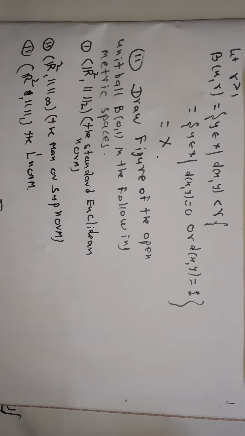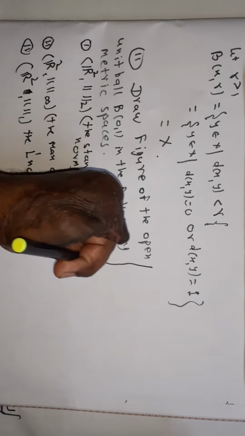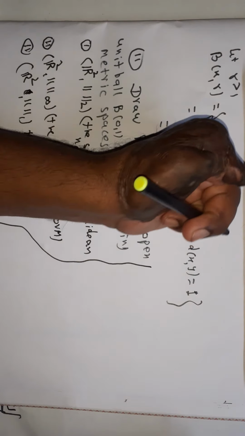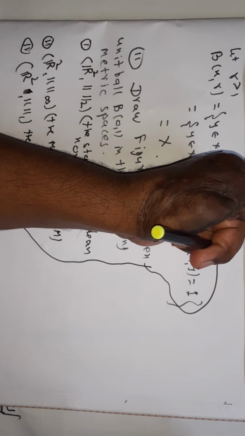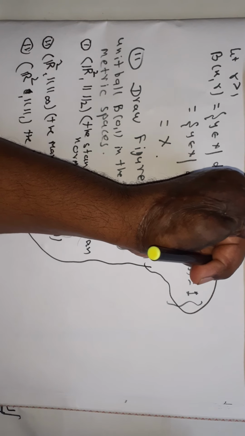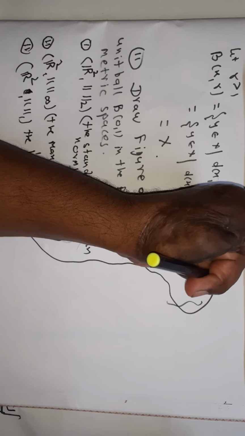Now see here, draw a figure of the open unit ball, that is, an open ball centered at the 0 element and radius 1, in the following metric spaces. The first metric space is R2 with norm 2. Norm 2 means the standard or Euclidean norm. Now R2 is the set of ordered pairs of real numbers.